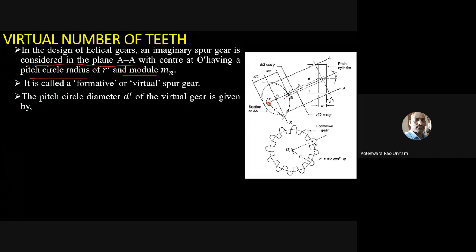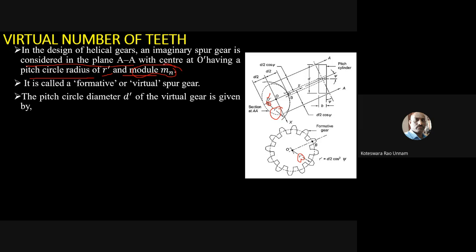The plane AA makes an angle psi with respect to the pitch cylinder, which is the important thing you need to consider. It has center at O dash, pitch circle radius of R dash, and module mn. So the equivalent parameters for that imaginary spur gear are R dash, and twice R dash is the diameter.